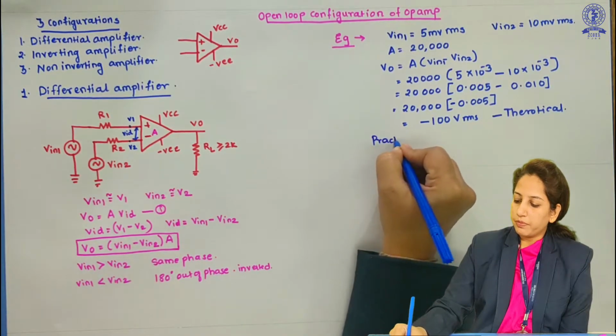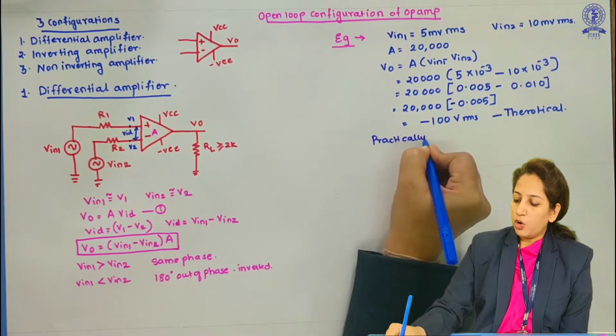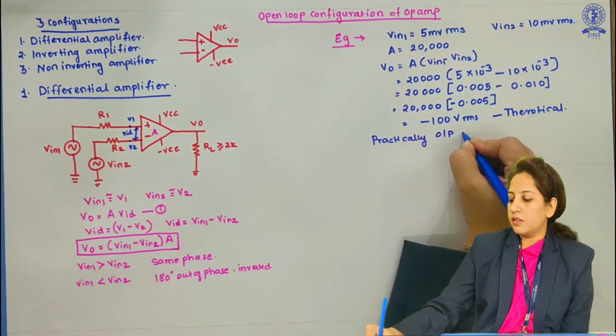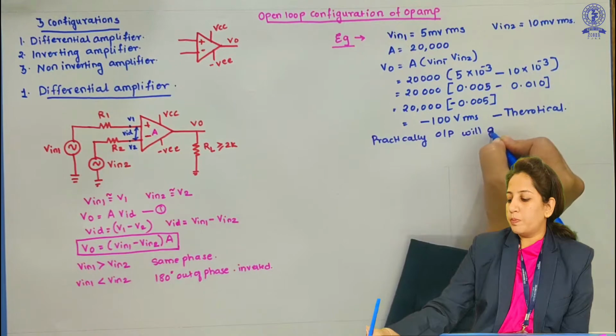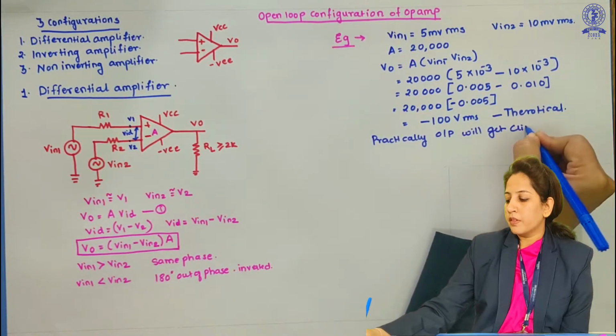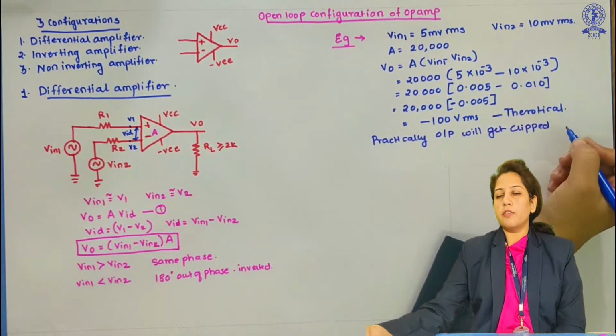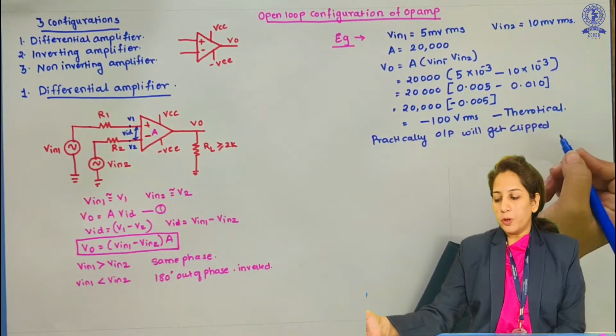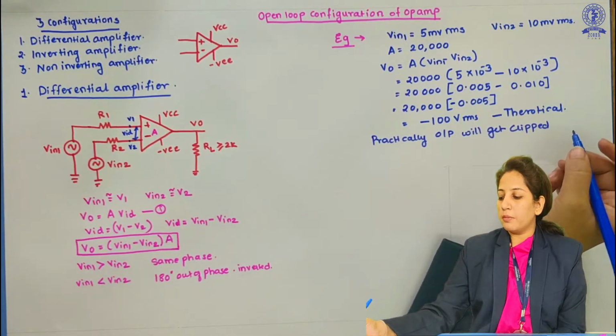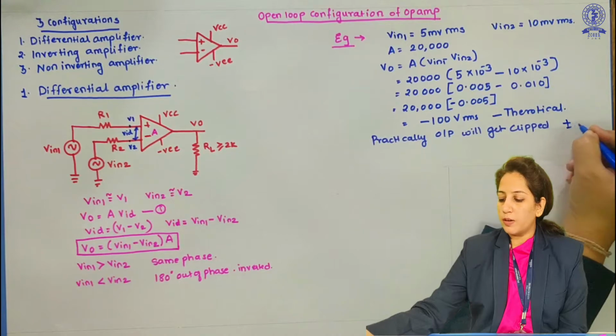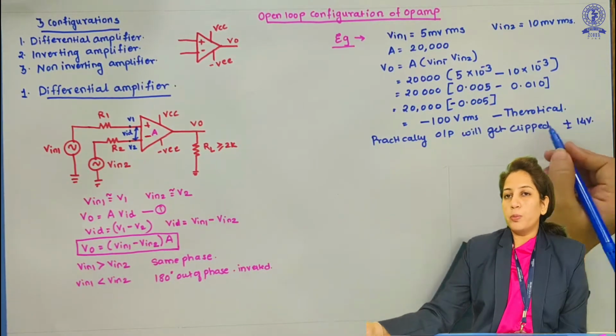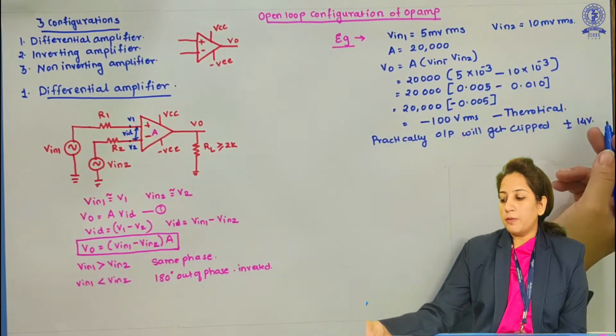Practically my output will get clipped. Why? Because as I have told, we have a very high gain in open loop configuration, and if it is a 14 volt swing, then our output will get clipped at 14 volts.